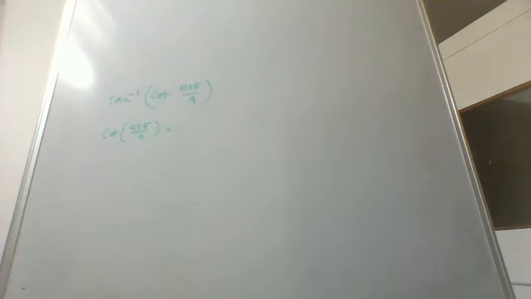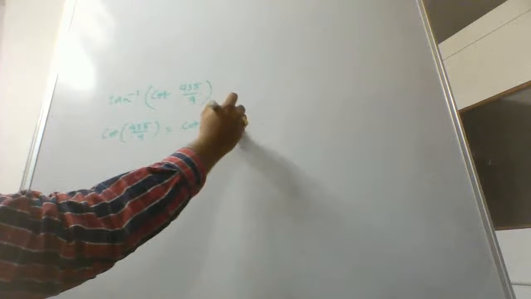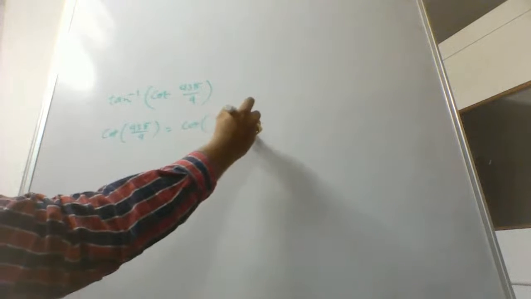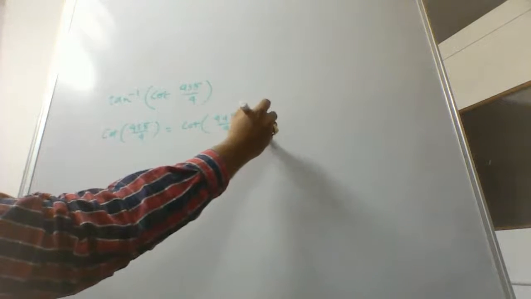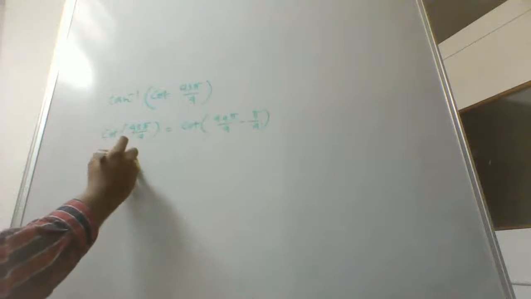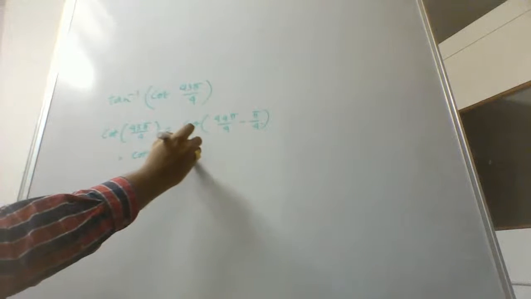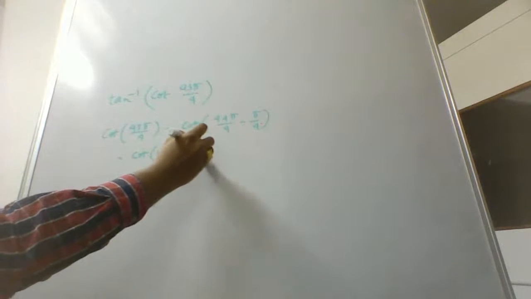That can be written as cot of 44 pi by 4 minus pi by 4. Again, this can be written as cot of 11 pi minus pi by 4.